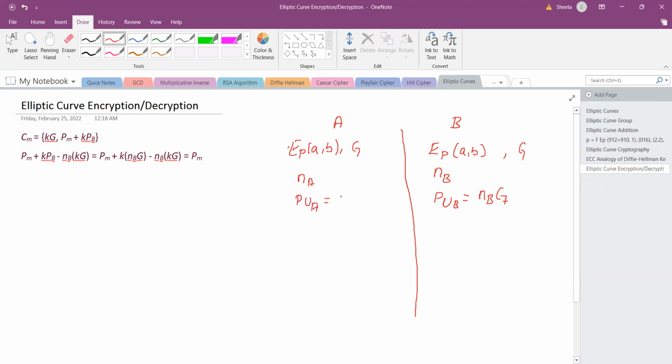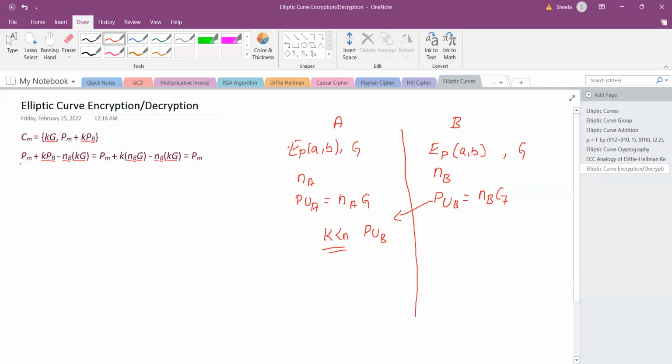When user B wants to send a message, he will take the public key of user A and then perform the encryption. So here, when A wants to send a message to user B, he will take the public key of user B and then randomly select a point K which is less than N. This is known only to user A. To encrypt a message, PM represents the plain text.